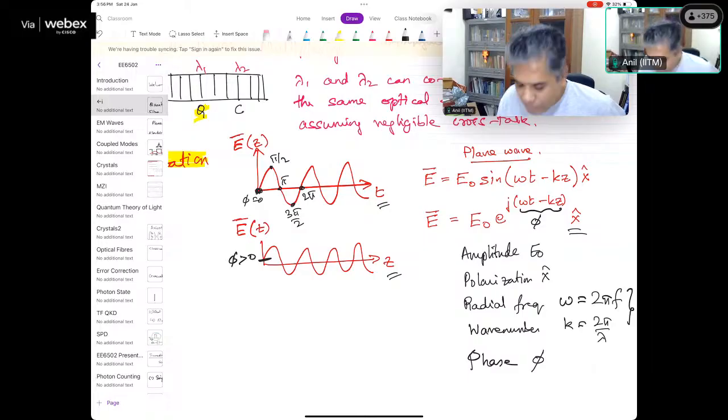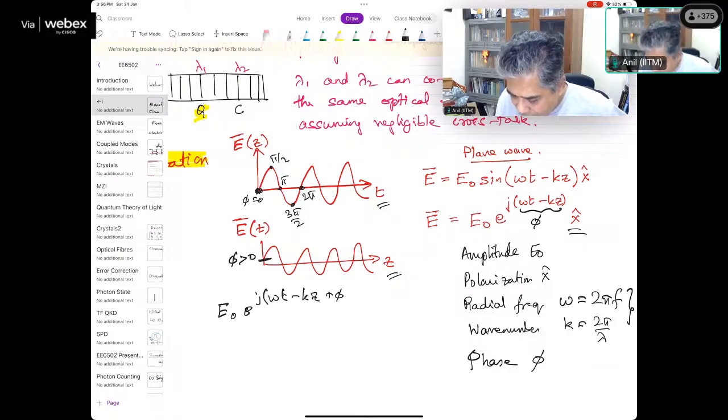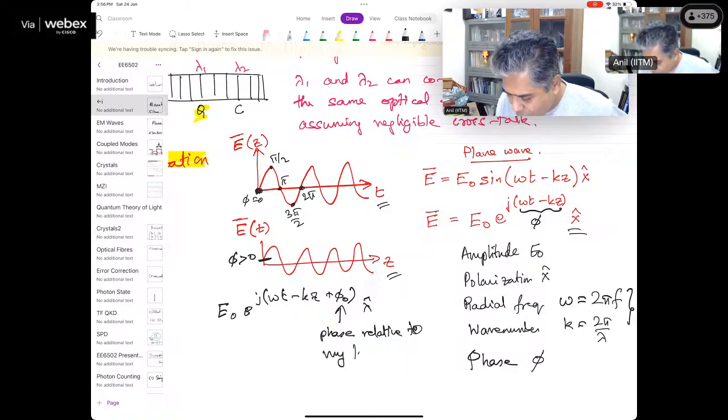So if you want a complete description, I could actually write it as E0 e to the power j(omega t minus kz plus phi naught) times x. But this is some arbitrary phase relative to my laboratory.